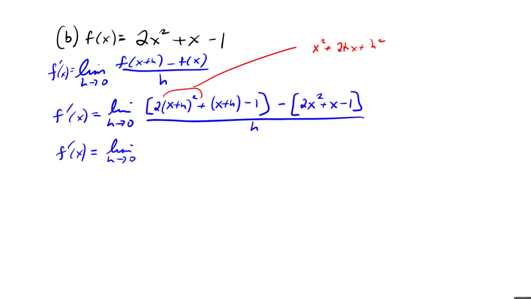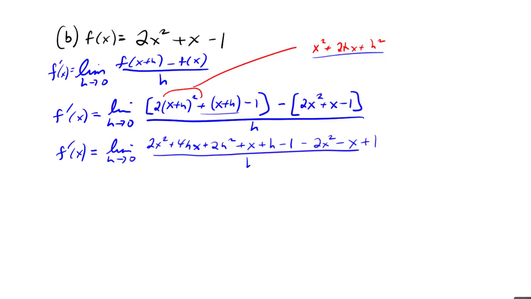So I get 2 times this up here: 2x squared plus 4hx plus 2h squared, and then I have plus x plus h minus 1. So that's all of the first brackets expanded. Minus 2x squared minus x plus 1, all over h.